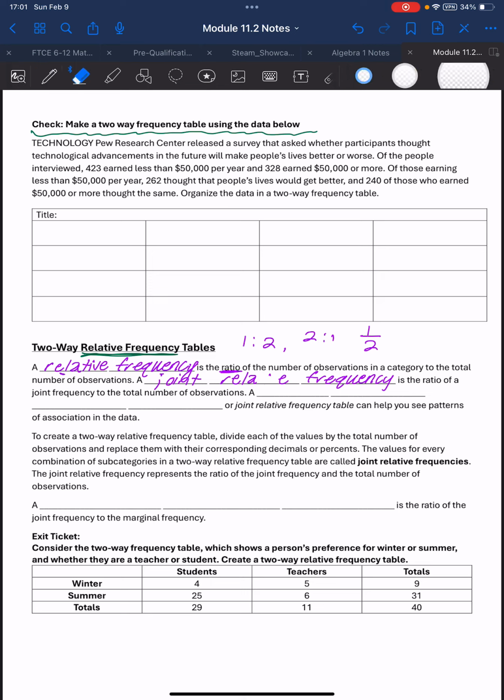So now a two-way, and actually I'll put two-way here. We'll have it in one place.